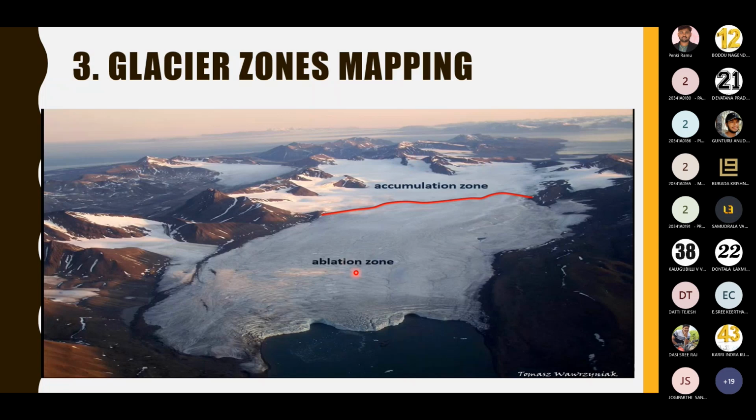And here, if you see some amount of dull tone, it is because in this region water is being melt, because of which some amount of absorption is happening in this area. That's why this region has some darker tones, and those darker tones are present in the form of thin lines, which indicates the melt water movement in this area. So this forms the ablation zone. Ablation zone indicates the area or region where this glacier is being melt.